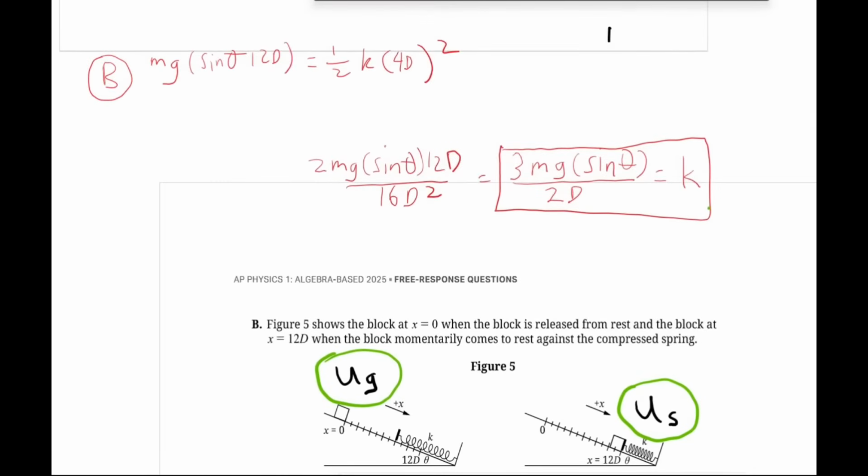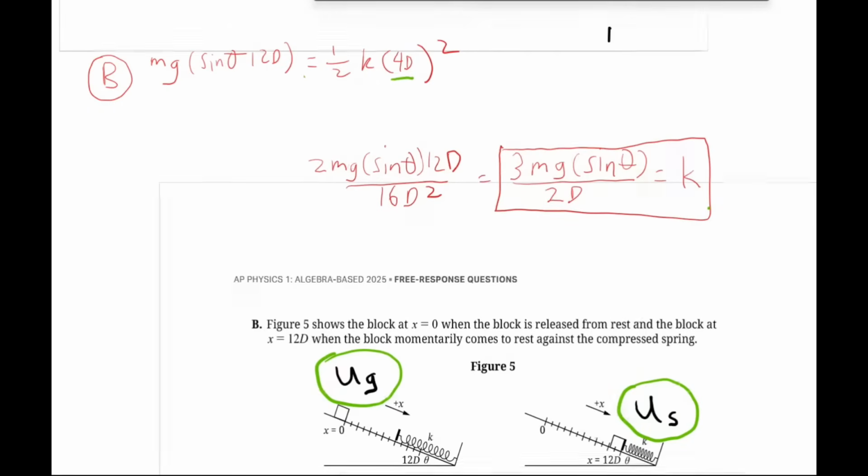All right, so sliding up here, this is where I put my work. So for gravitational potential energy, it's mg times delta y, or the height. So like I said before, it's sine theta times basically your hypotenuse of 12d, which is the diagonal length of the ramp, and that equals 1/2 kx squared.